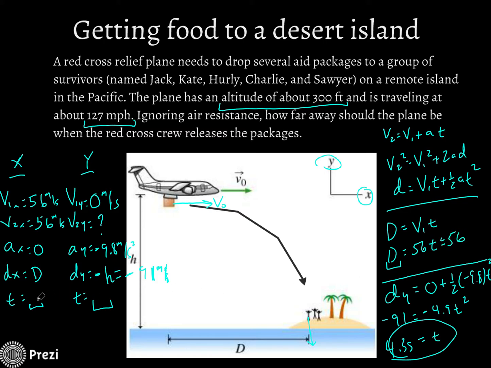So this is going to be 4.3 here and 4.3 here, and I get 56 times 4.3. We have to be exactly 244 meters away from the island to get the relief package there so that it lands directly on the people.